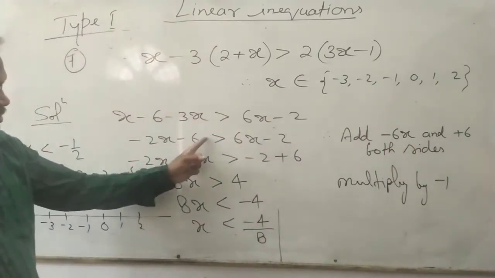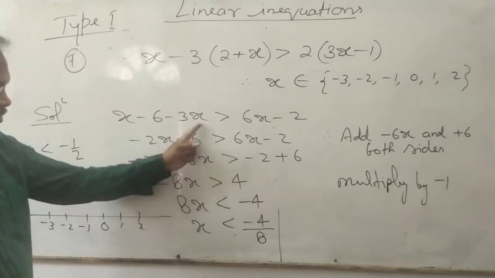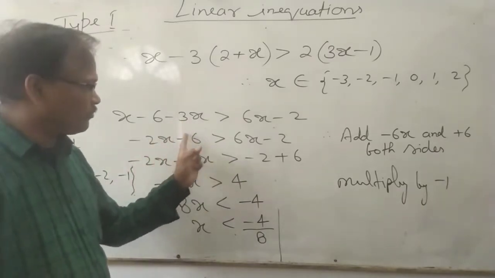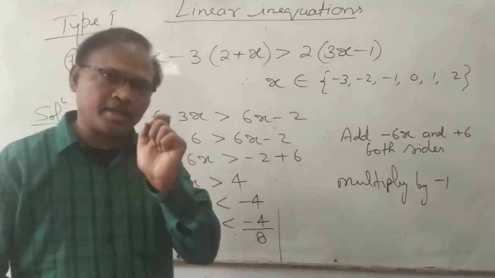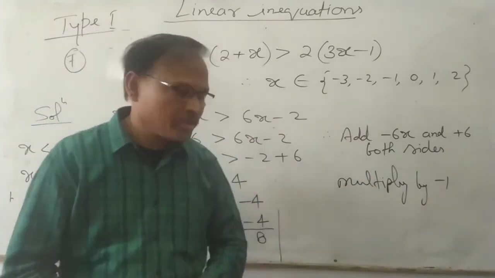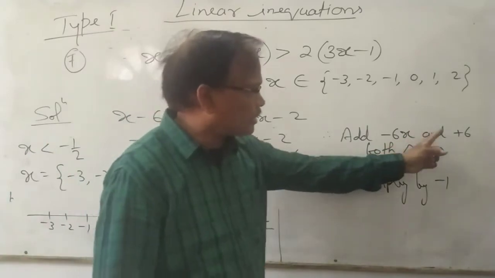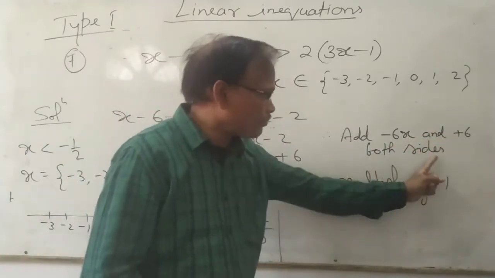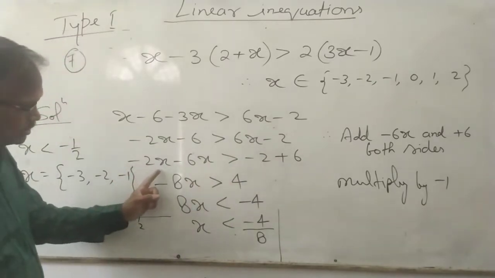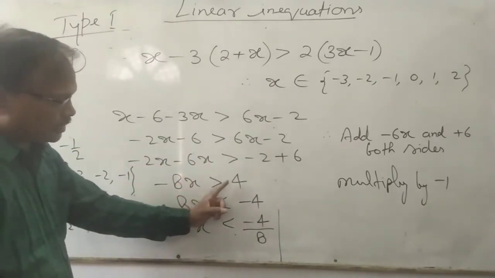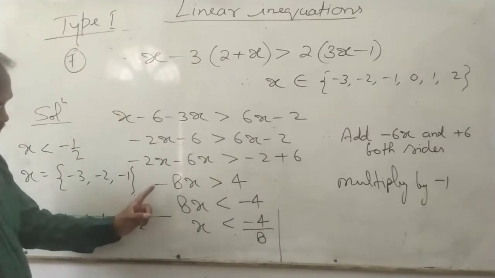Similarly, you have to cancel this minus 6 from the left hand side, because you have to write in this side. How you can? It is minus 6. If you add plus 6, then you will get. So add minus 6x and plus 6 both the sides, you will get this type of expression. Minus 2x, minus 6 and minus 8x is greater than 4. Now it is minus.